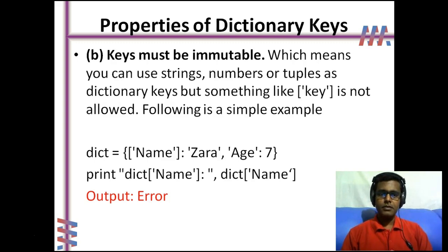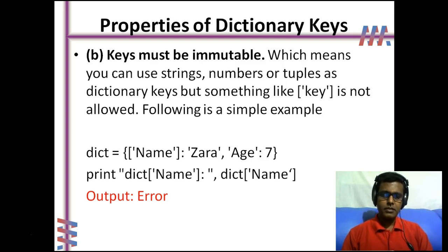The next property is that the keys are immutable. It must be immutable because you cannot use a list in your dictionary as the key. Of course, you can use strings, numbers, tuples, everything as the key.